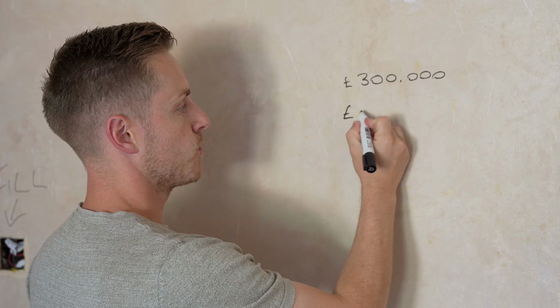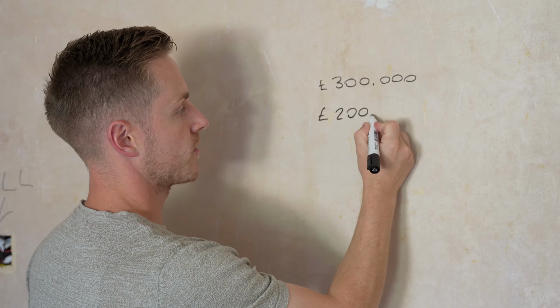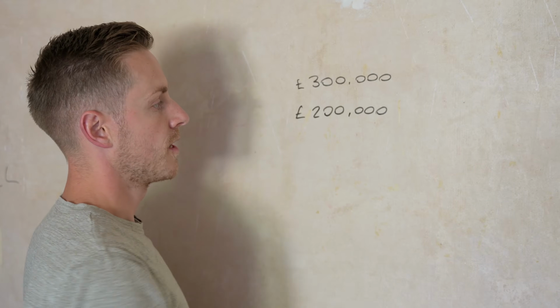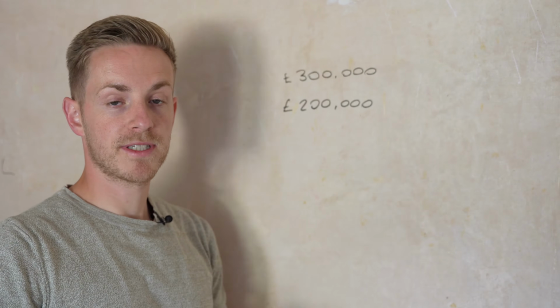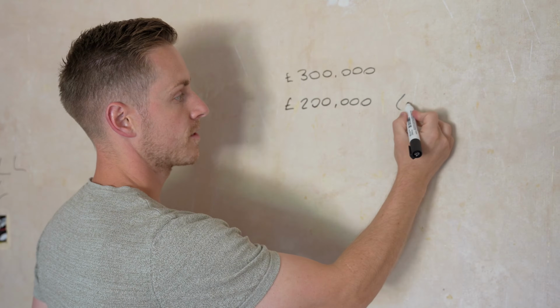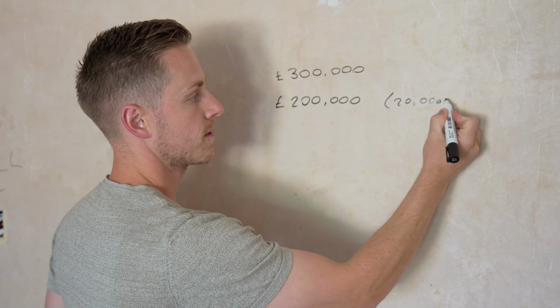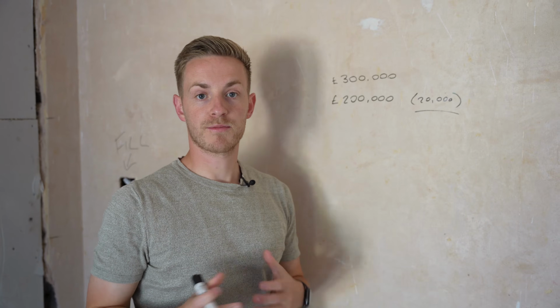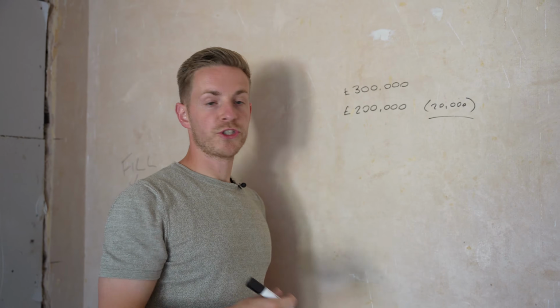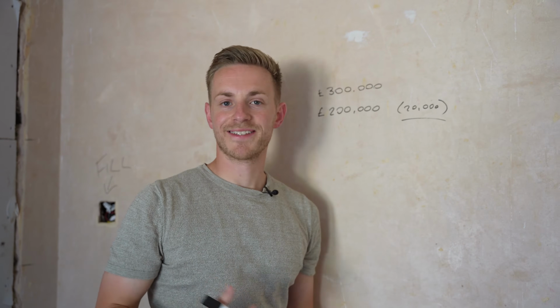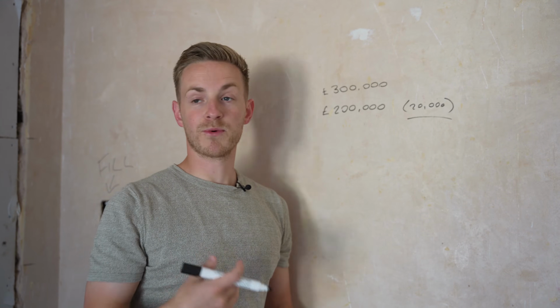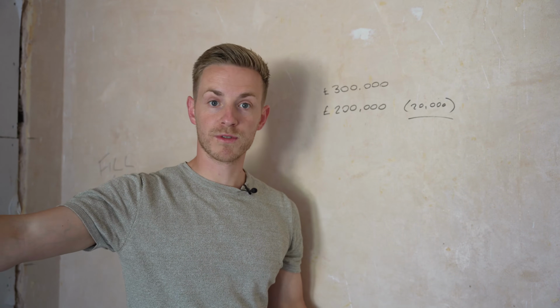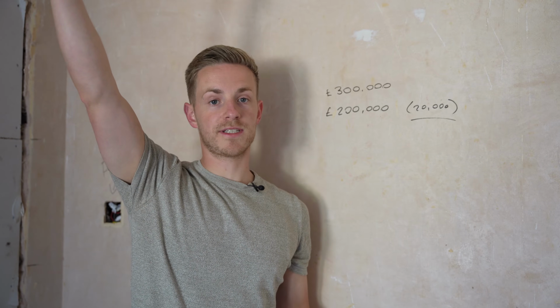If we bought this property for 200,000, and we used a 10% deposit, being £20,000, then immediately we have £20,000 of equity in that property. In this example, I'm going to assume that we go ahead and spend £60,000. Maybe we bought a bungalow, but the ground floor was big enough, but maybe we needed to do a loft extension.